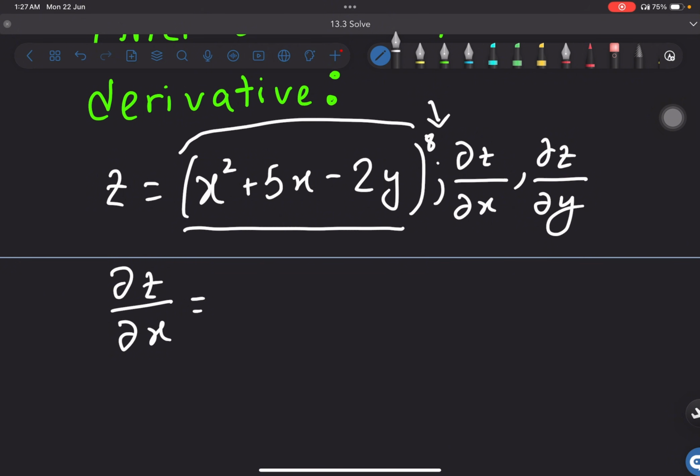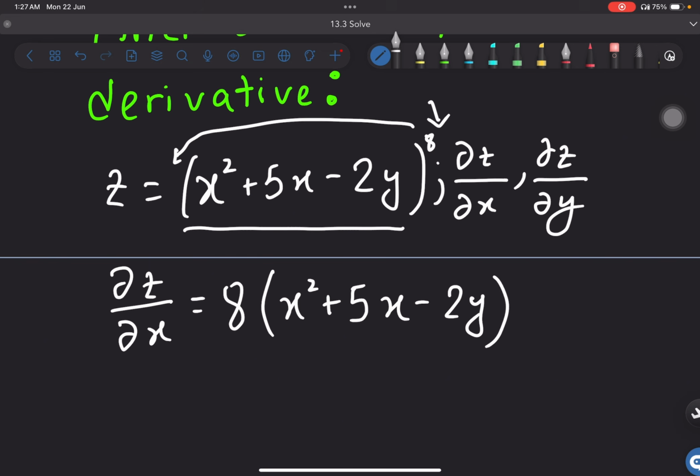That power comes in the front as multiplication, and then we write the exact same function as it is, but the power becomes minus 1. So 8 minus 1, which will become 7, into. Now we have to individually differentiate the elements inside of this function.